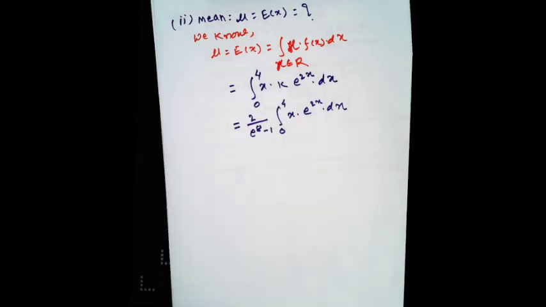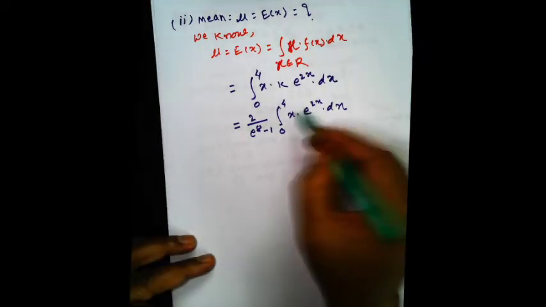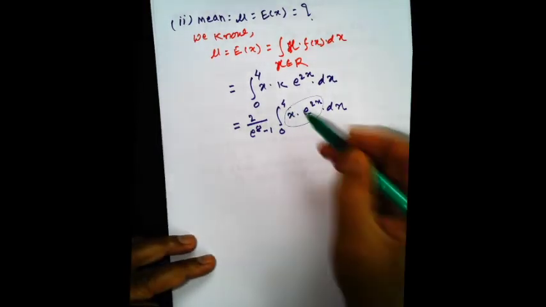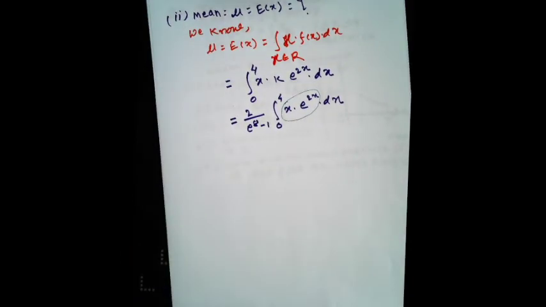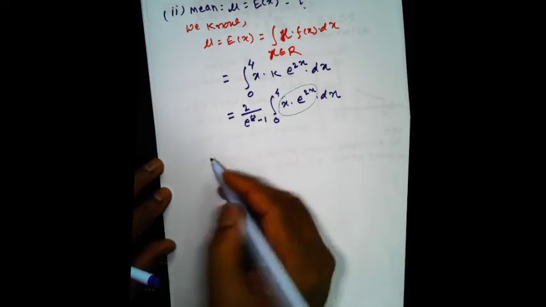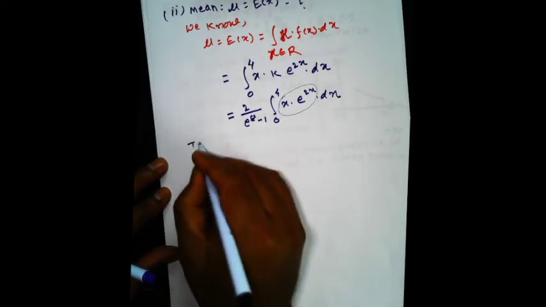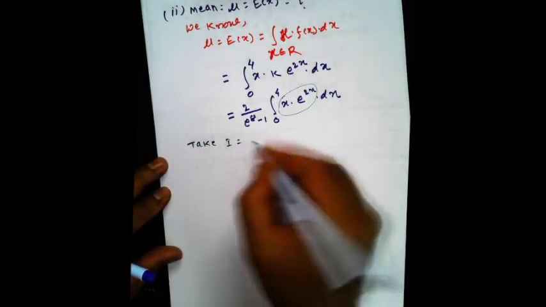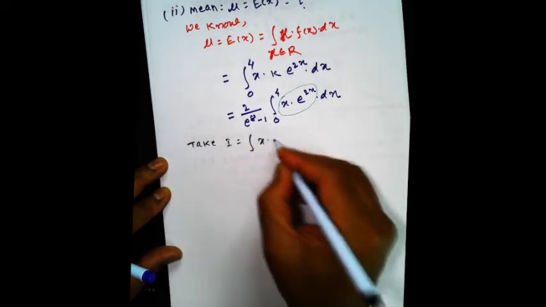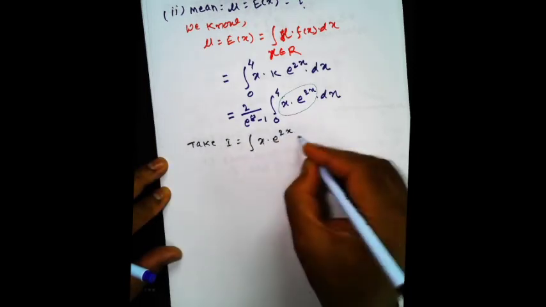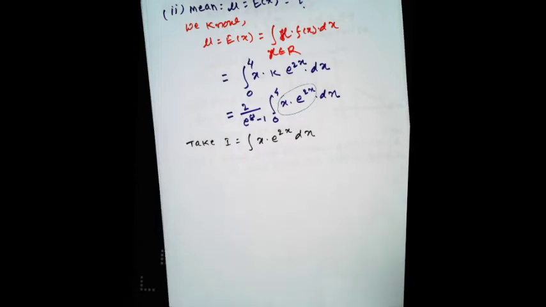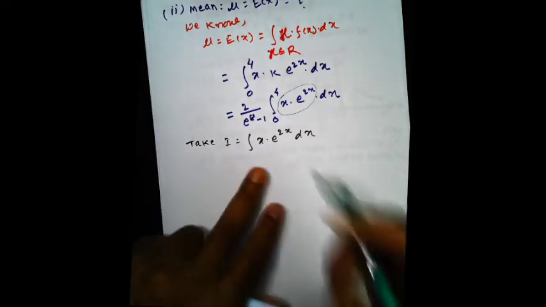Once we complete the integration of this function, we'll have the value of the mean. For simplicity, for a while we can take I equals the integration of x e to the power 2x dx.